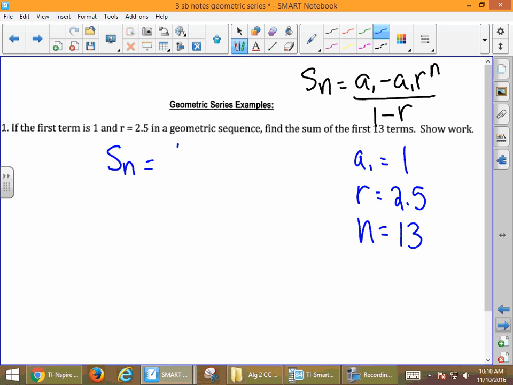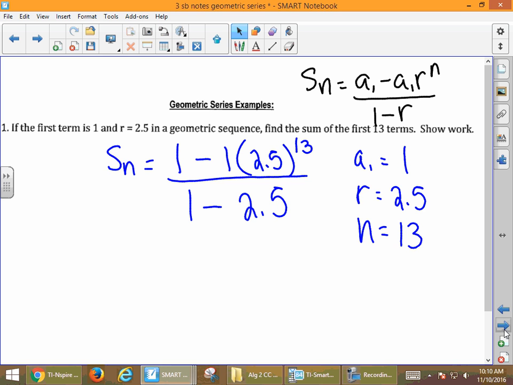So we're going to have 1 minus 1 times r. I would recommend using parentheses, even though the parentheses weren't written in the equation. It's especially important if our common ratio is negative. So I'm going to put it in parentheses. 1 minus 1 times 2.5 to the 13, there's our n, divided by 1 minus 2.5.